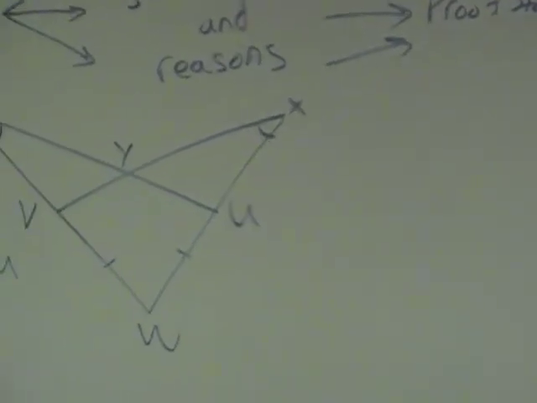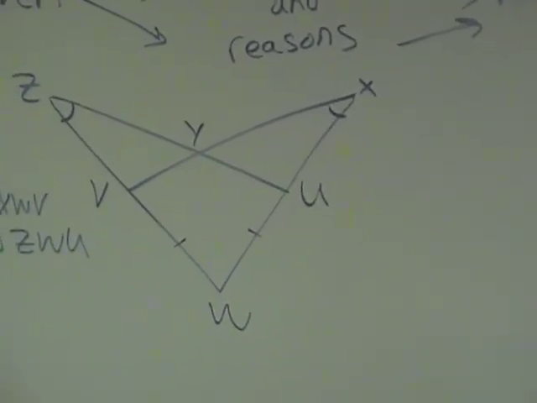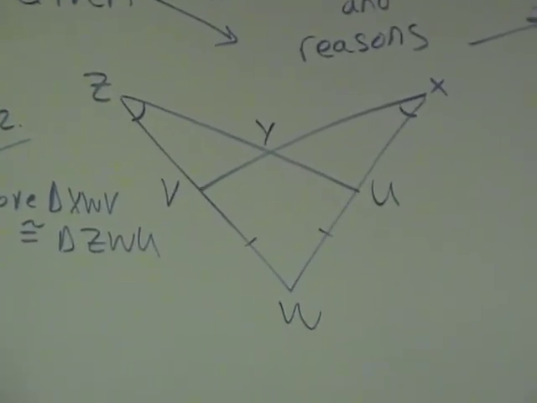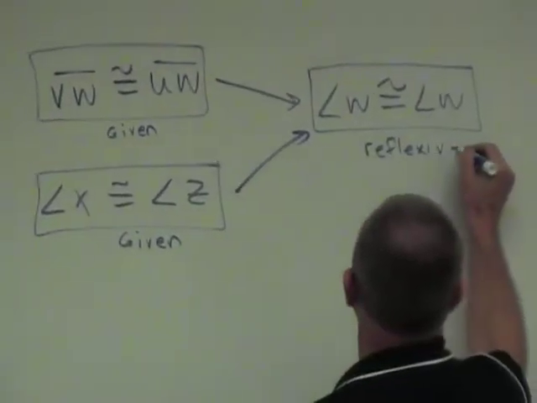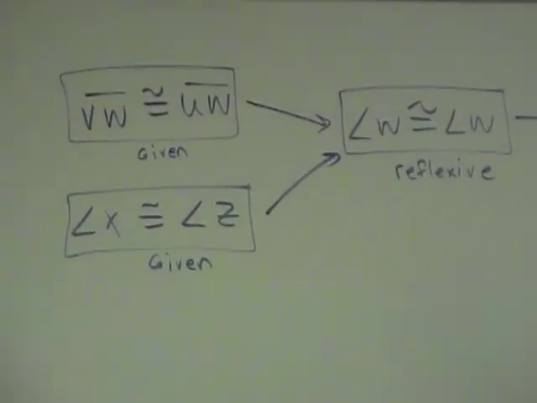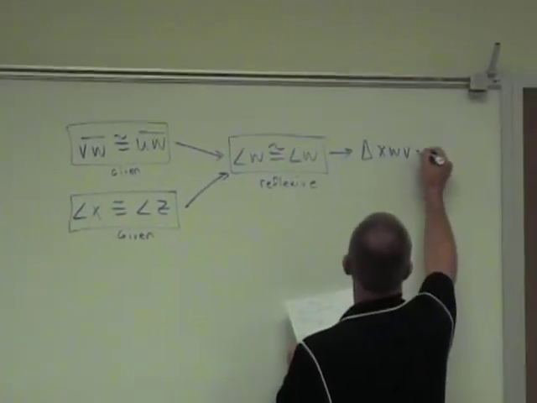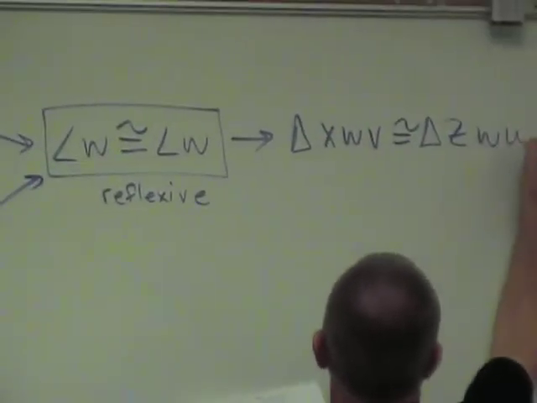Correct? Now, next thing is angle W is congruent to itself. Why? Thank you, Lexi. Then you have triangle XWV is congruent to triangle ZWU. Why?